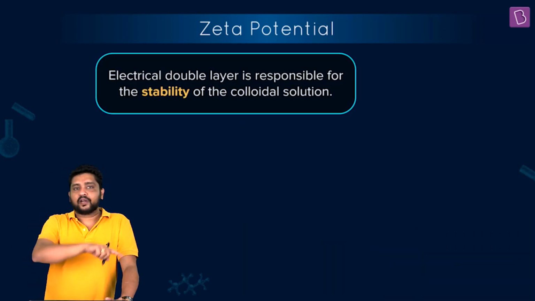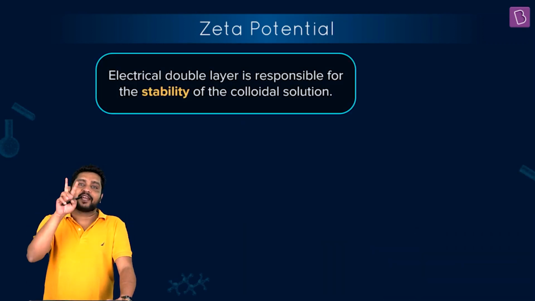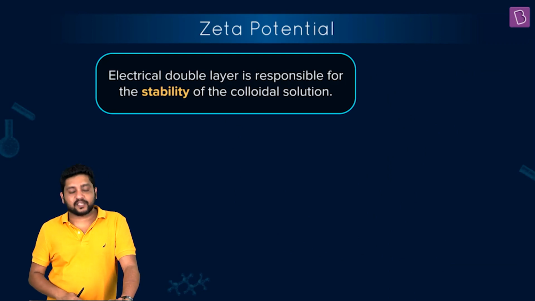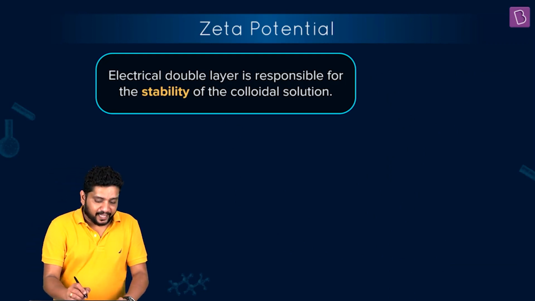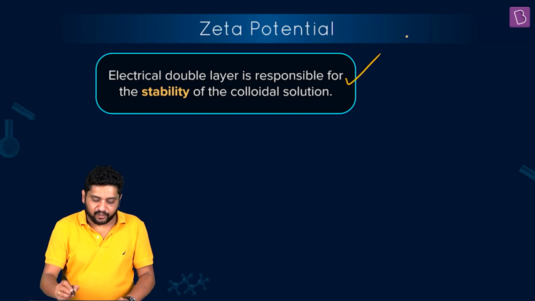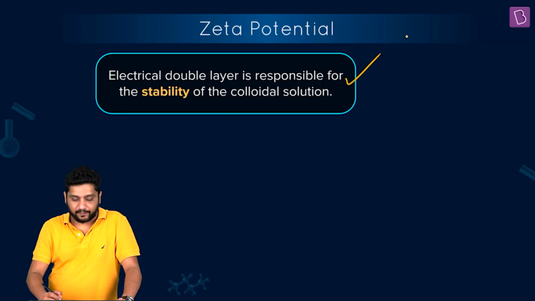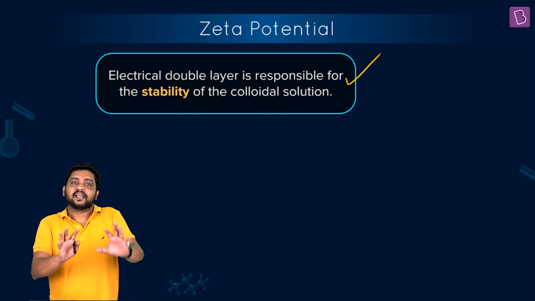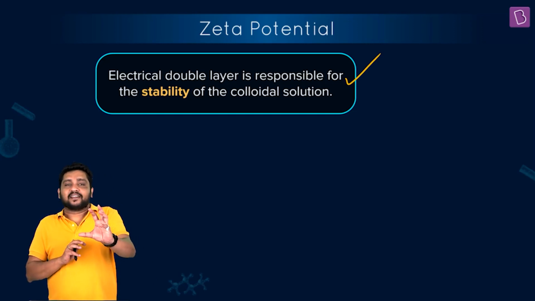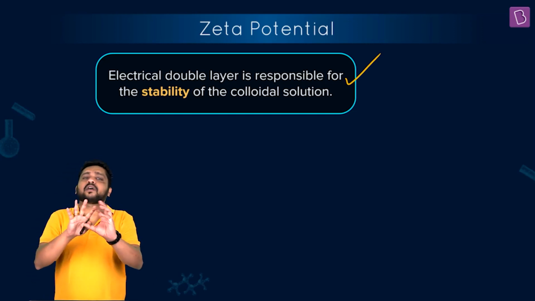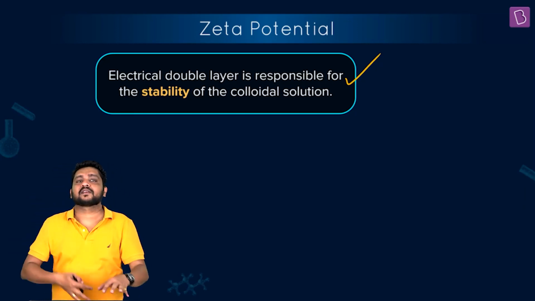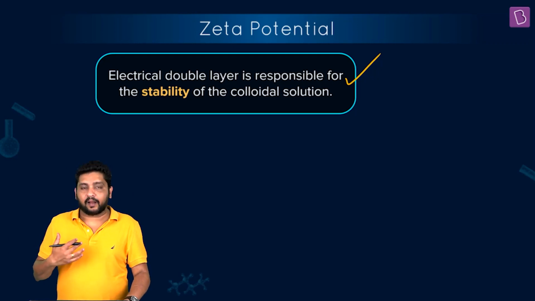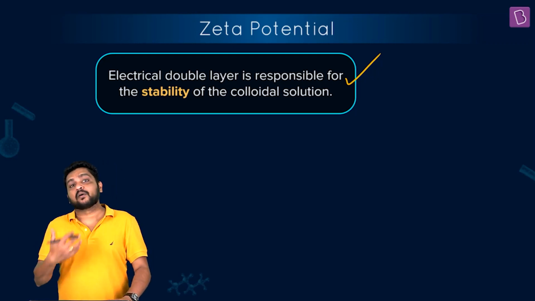So you have your colloid, around that you have your Helmholtz double layer. The potential difference between the layers of the Helmholtz double layer is what you call zeta potential. The electric double layer is responsible for the stabilization. Obviously you can understand, this is what is causing these colloidal size particles not to come and ram into each other and settle down as a precipitate, because they are all of the same charge, they are going to repel.